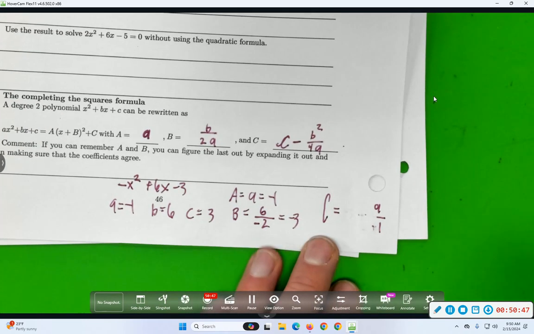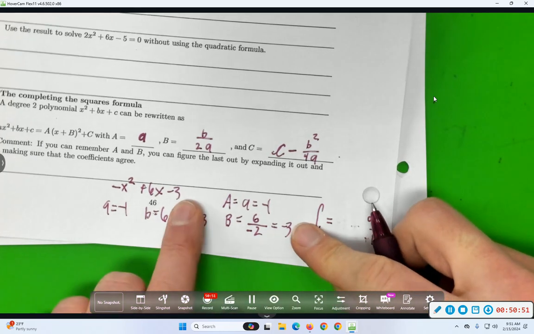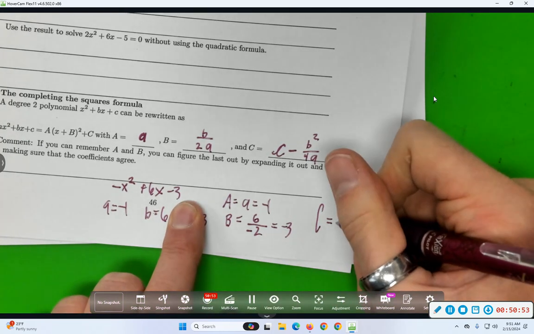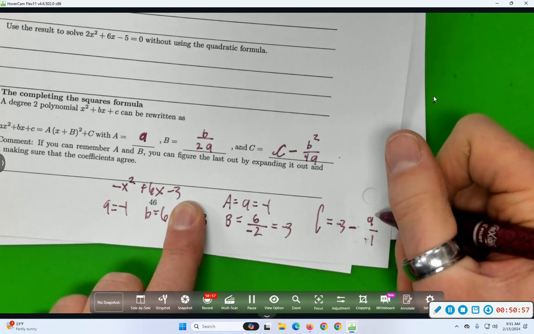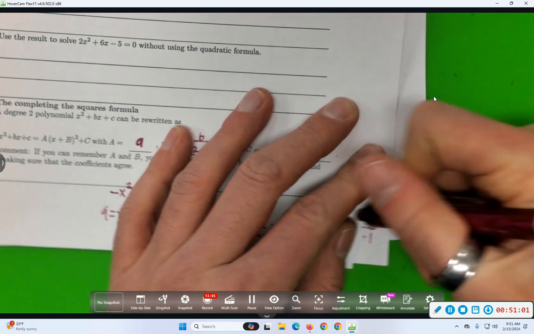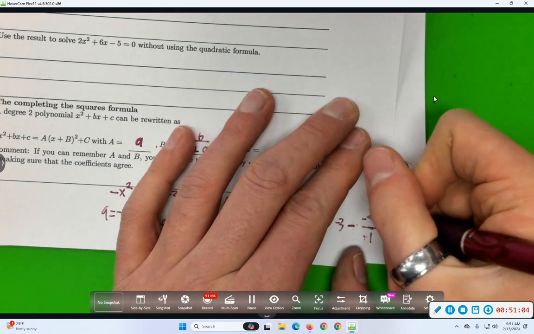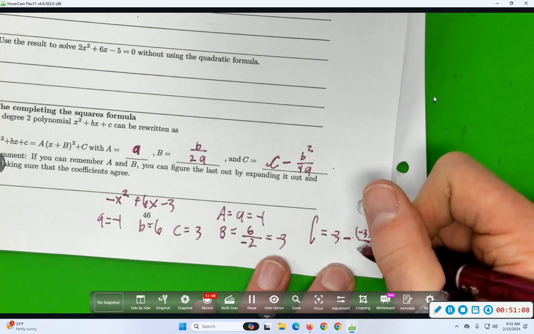Let's write it all out. So b is -3. Little c is -3, and it was already negative. Minus b squared is -3 squared. So I'll put the negative inside of these parentheses. All over 4a.